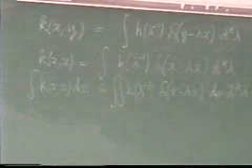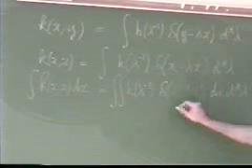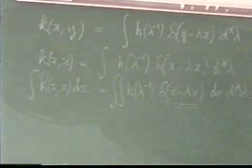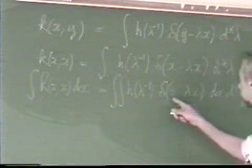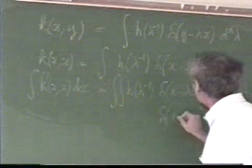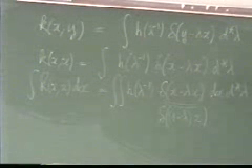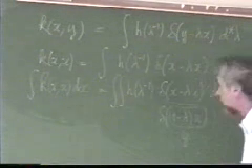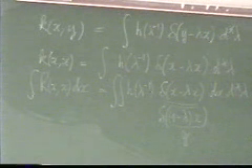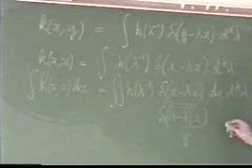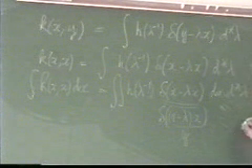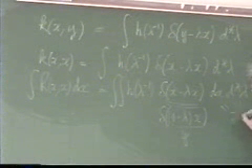Now, look at what happens. Here in this formula, I can make a change of variables. This is delta of 1 minus lambda times x. So I can put y equals 1 minus lambda times x. Now what happens? Well, then x is equal to y over 1 minus lambda.